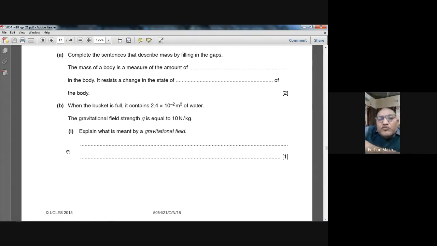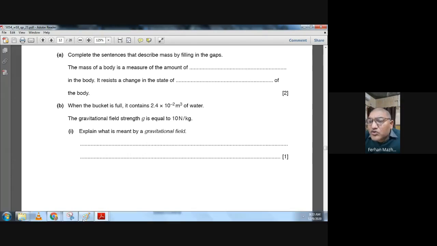Gravitational field is a space or area around an object where other objects experience its force of gravity. For example, around the Earth, the space in which other objects will experience the force of gravity of the Earth. That region around the Earth is known as gravitational field.